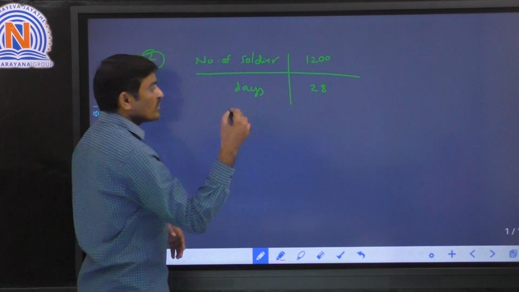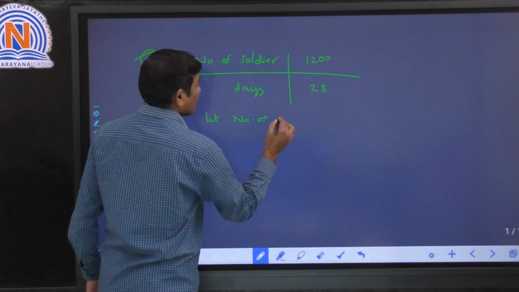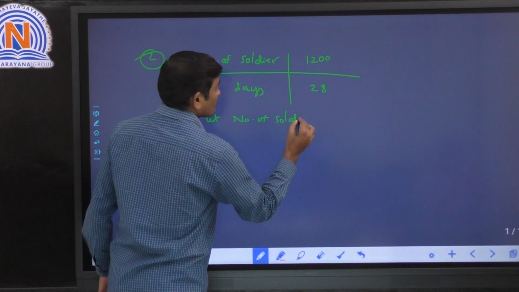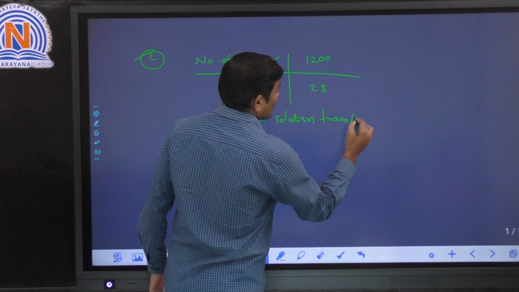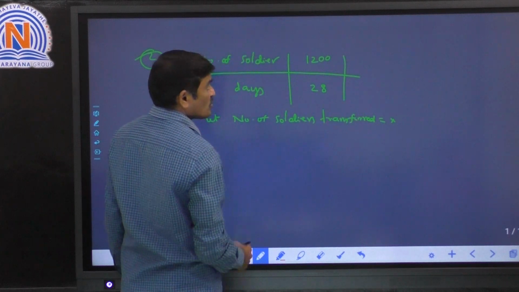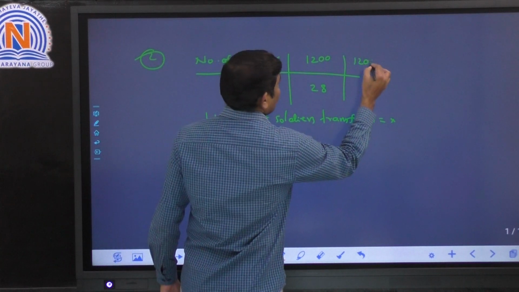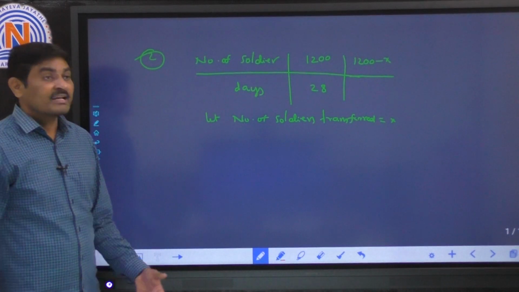Now some soldiers, let the number of soldiers transferred be x. Now present soldiers are 1200 minus x. This food is enough for how many days? 32 days.